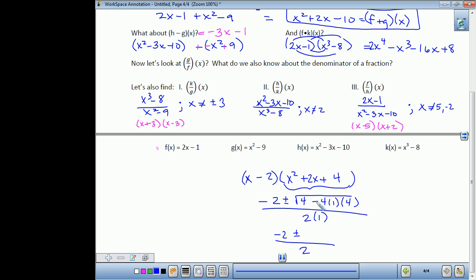So this ends up being 4 minus 16, which is negative 12. Negative 12 breaks down to negative 4 times 3. So it's negative 2 plus or minus 2i root 3 over 2. Everything divides by 2, so we get negative 1 plus or minus i root 3. Weird.